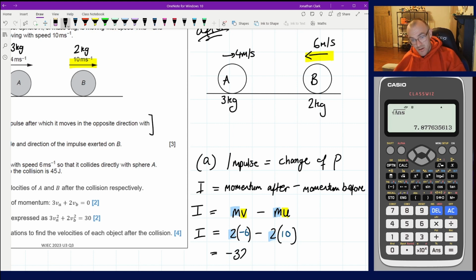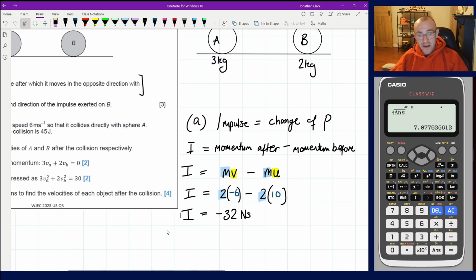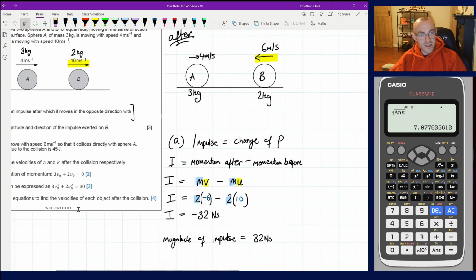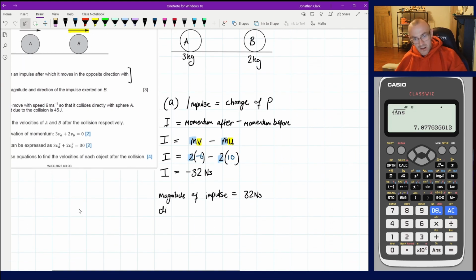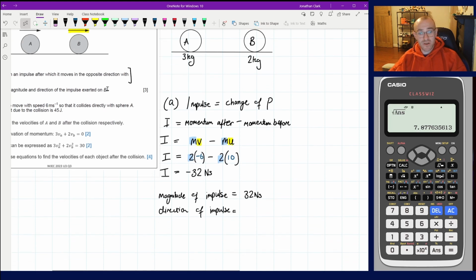If you do it this way, you get -32 out as your impulse. So I suppose the magnitude of the impulse, the size of the number, is 32 newton seconds, and the direction of the impulse is, I guess you could say, to the left or the opposite direction that it was originally moving.